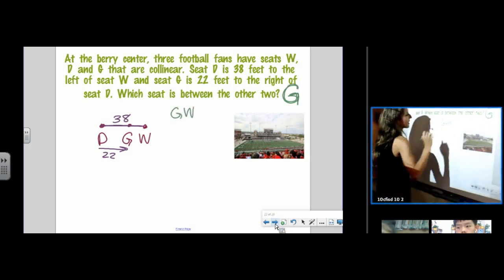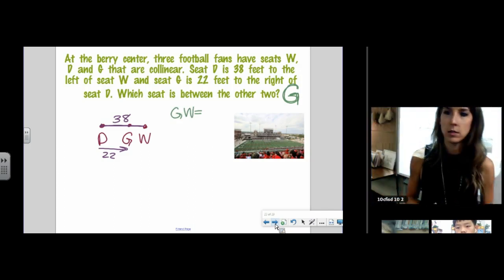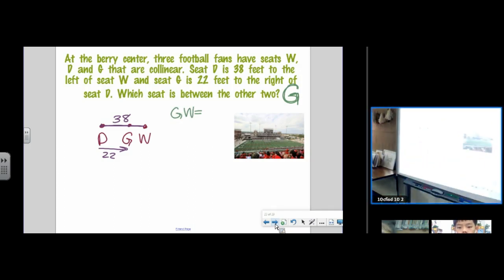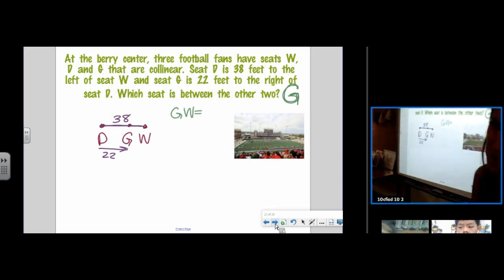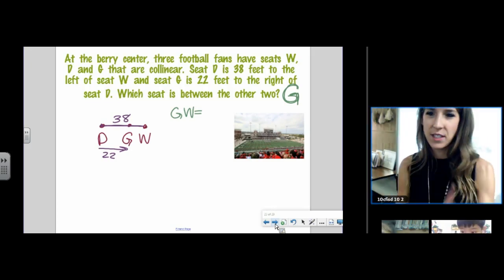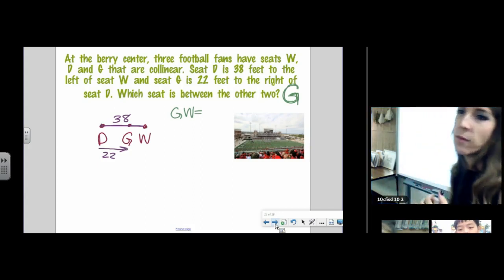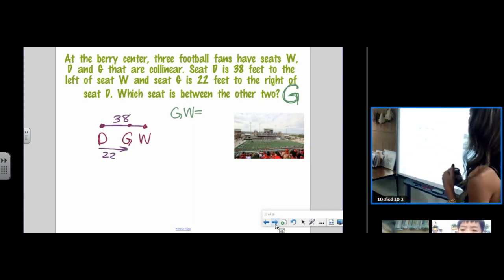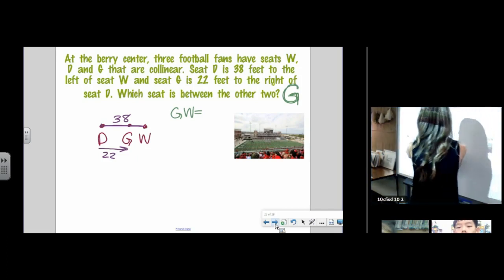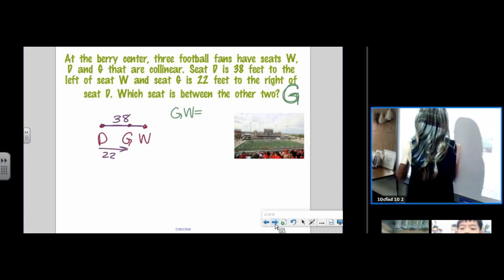And now let me ask you some questions. What does GW equal? So what would you do there? The distance from G to W, how far away are those people sitting? So that's just a subtraction problem, right? Because DW is 38 and DG is 22.